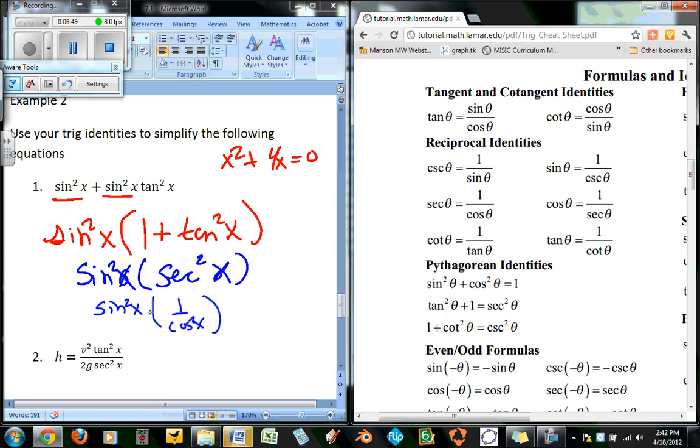And still using our algebra, when we multiply fractions, we multiply straight across. So now I have sine squared x all over cosine squared x. Now we know that sine over cosine is tangent. So this just becomes tangent squared x, and that's as simplified as we can get it right there.